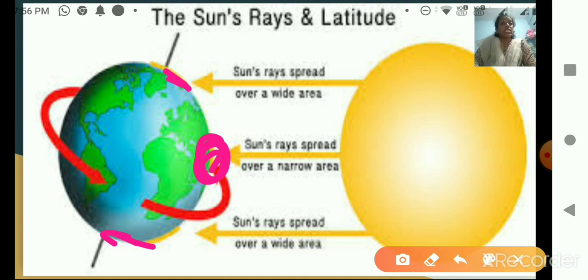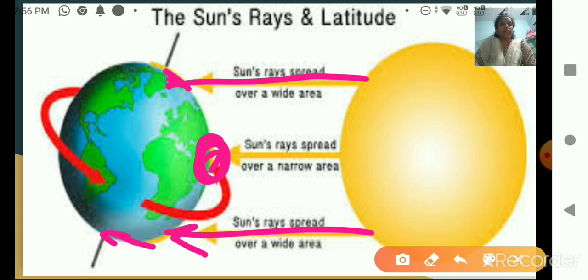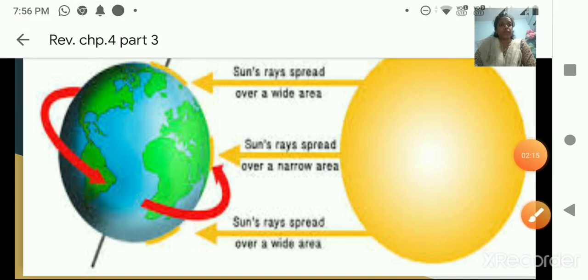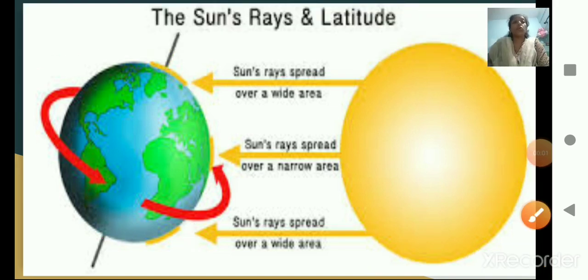Also, the sun's rays have to travel a greater distance through the air at the poles than at the equator. Due to this, different parts of the earth therefore receive different amount of heat from the sun.